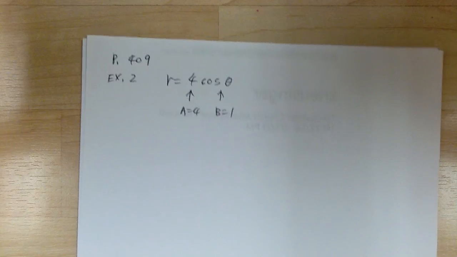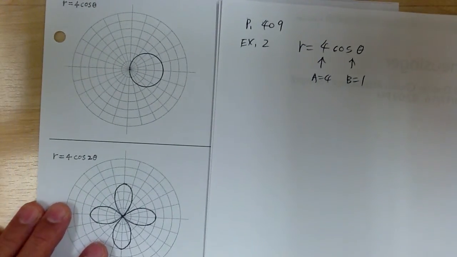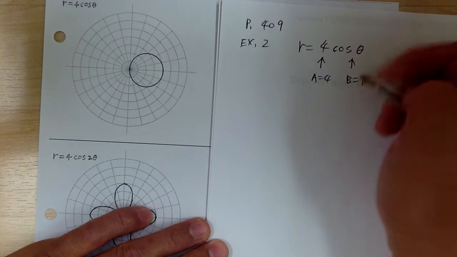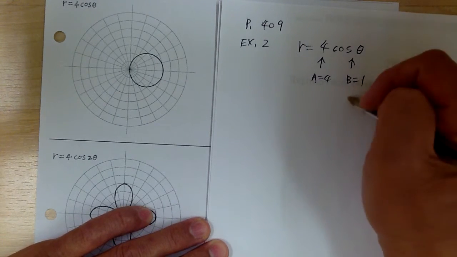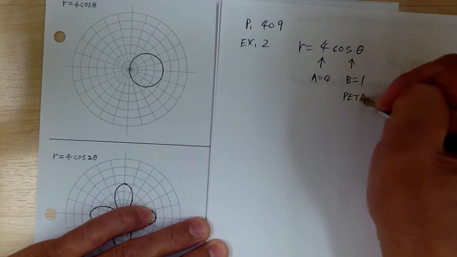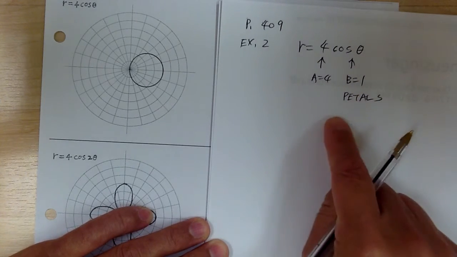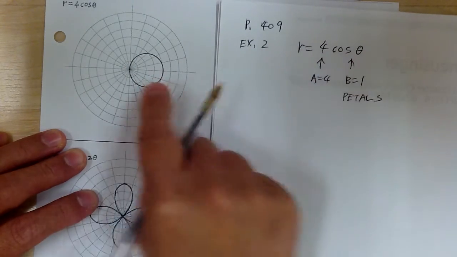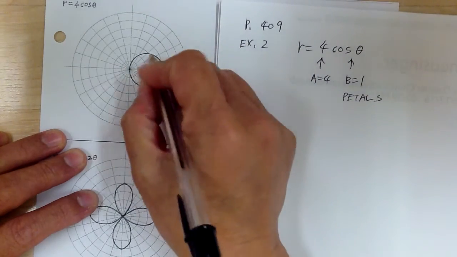So when you graph the cosine graph, if you look at the handout over here, think of it as a flower, and the B will control the number of petals. If B equals 1, you're going to have 1 petal. For cosine, it starts at 0 degrees, and you draw a circle.